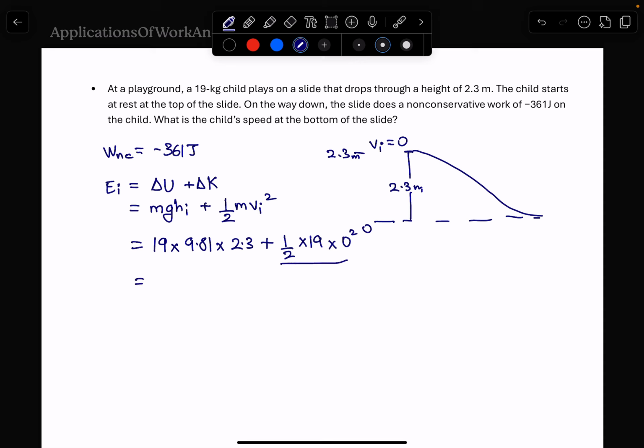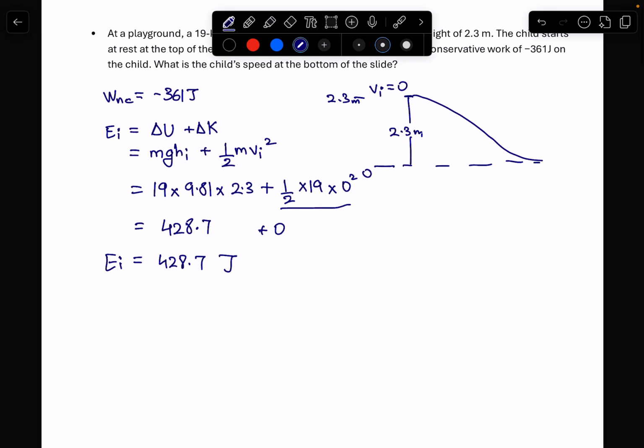So this complete thing becomes 0, and my potential energy at this point, let me just calculate that quickly, is 428.7 joules, and that's my initial energy.